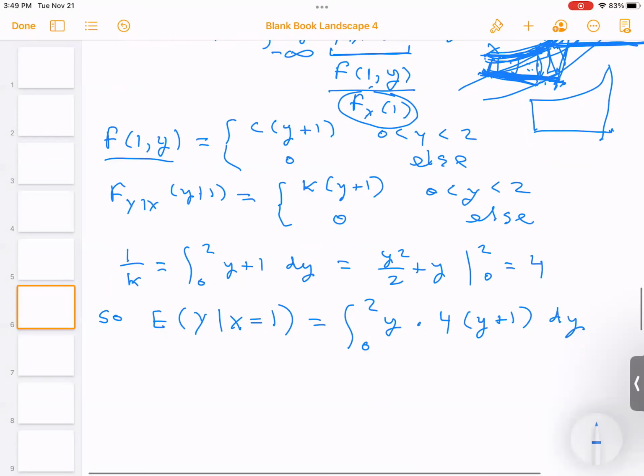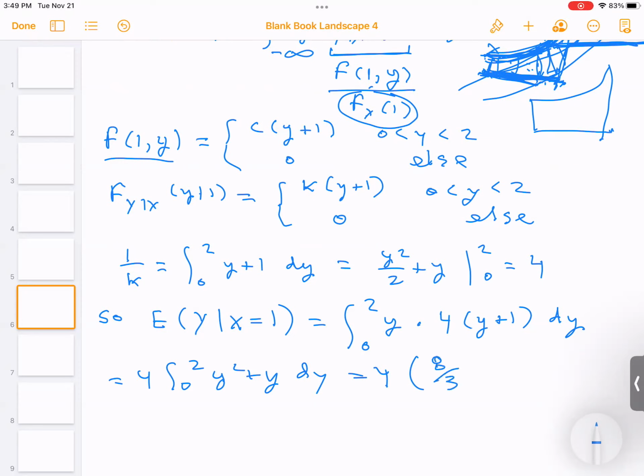Look at that, just a regular expected value thing now. This is equal to 4, integral 0 to 2, y squared plus y dy. 4 times y cubed over 3, so 8/3, y squared over 2, so 2. 6/3, 2. 14/3.